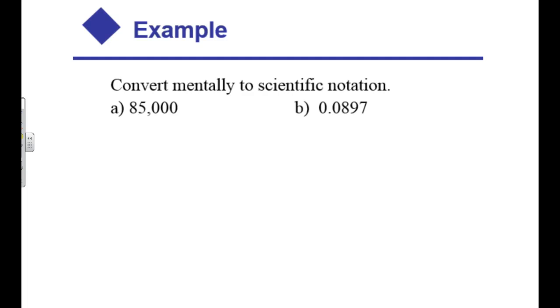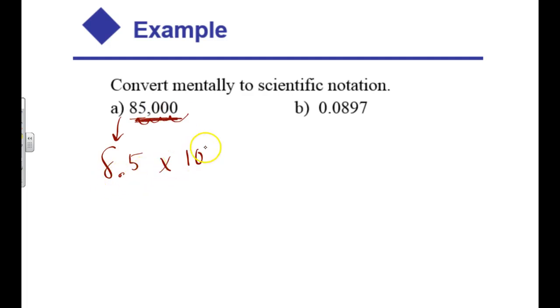So to convert mentally, I need to put 8.5, just one number in front of the decimal, times 10 to the something. So you need to decide if it's 1, 2, 3, 4, a positive 4 or a negative 4. And the rule that I like to use here is if this number gets smaller, which it is, 85,000 is a big number, and I've changed it to a smaller number, 8.5.